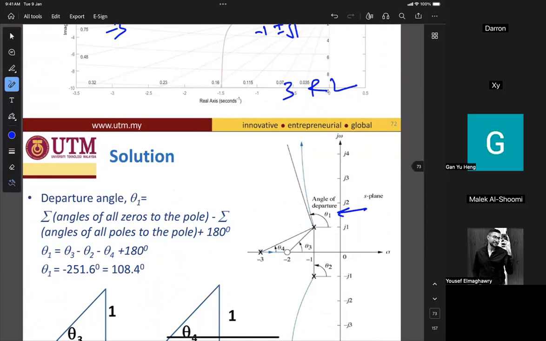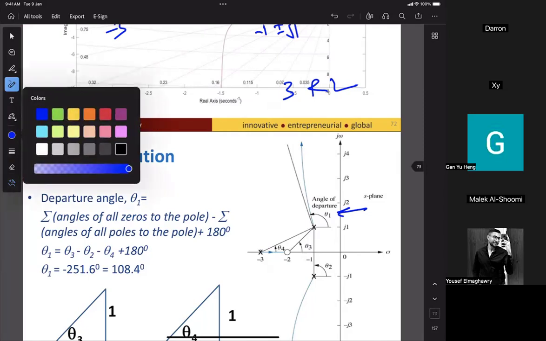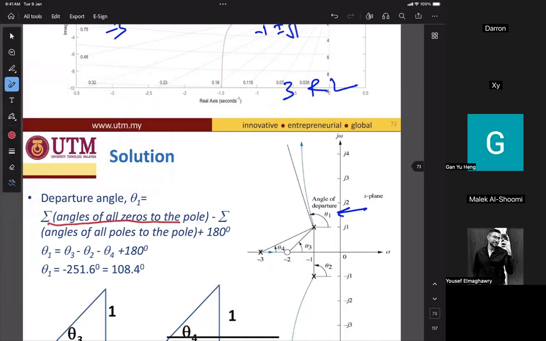We calculate the angle of departure for theta 1 using the formula written in the previous slide. Theta 1 will be theta 3 minus theta 2 minus theta 4, minus 180 degrees.